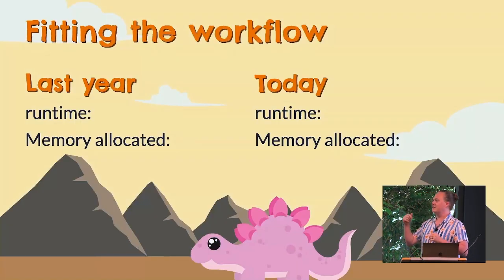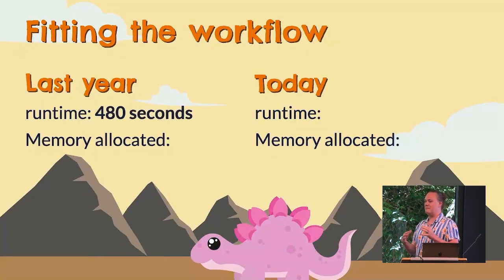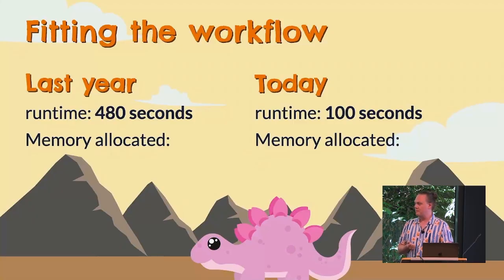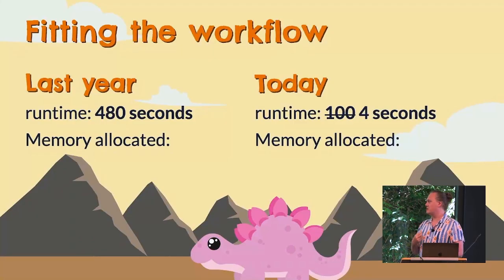So if you tried to fit this model a year ago, it would take around 8 minutes to run. And this is nothing to do with XGBoost. This is only something that happened because of what we're doing in tidymodels. And now we're actually seeing some improvement in the time it takes to fit. And you might think that if we got it down to 100 seconds, that would be really, really nice. But that's simply not true, because now it runs in 4 seconds.